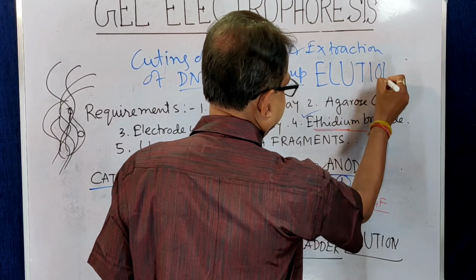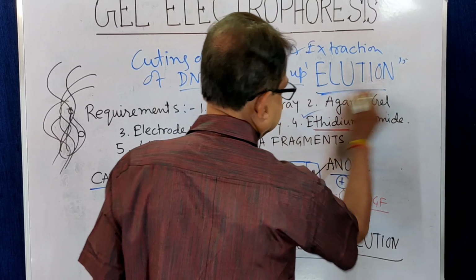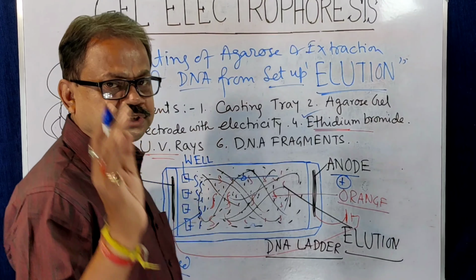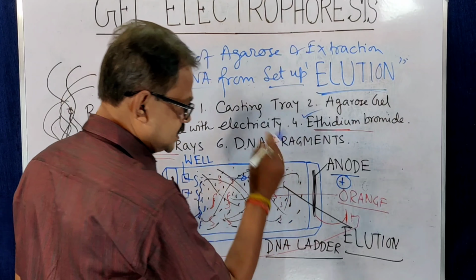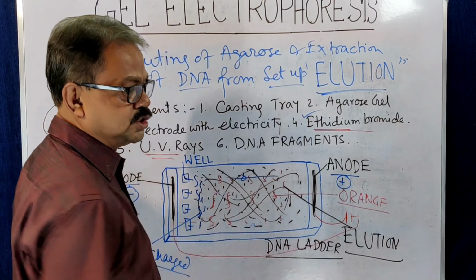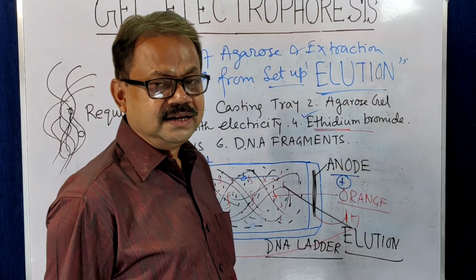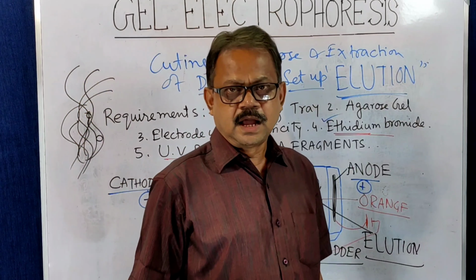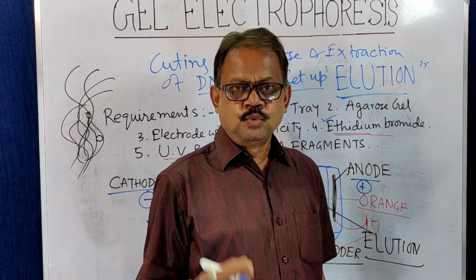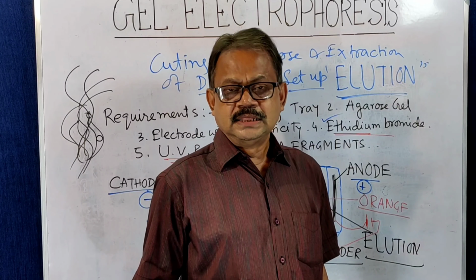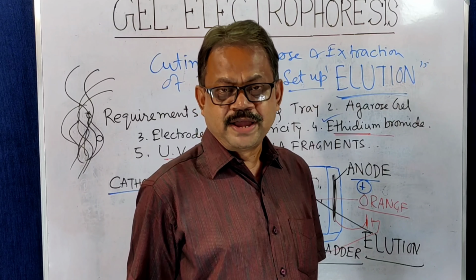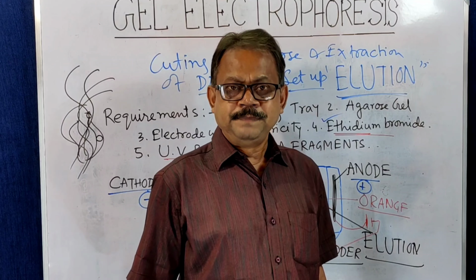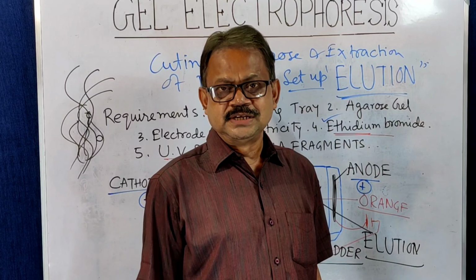So elution is a very important process by which the agarose gel is cut and the smaller fragments of DNA carrying the desired gene are taken out. After this process of elution, when the DNA fragments are taken out, they are to be amplified by the process of PCR, that is polymerase chain reaction.